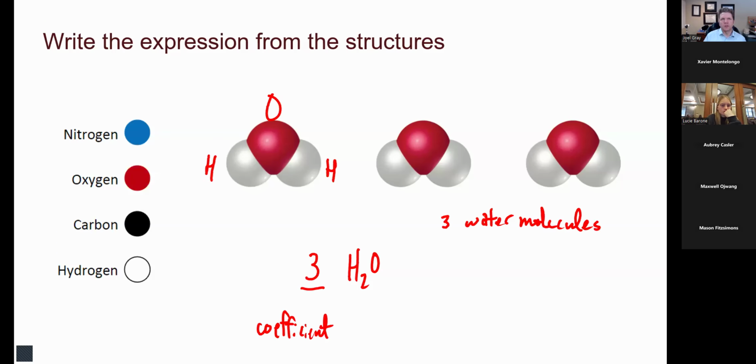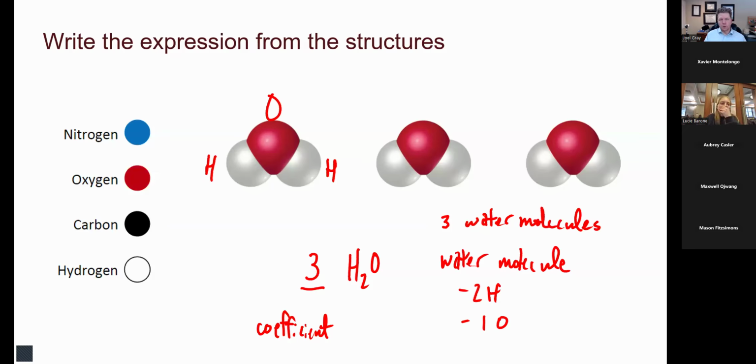But if I were to ask, you've got three water molecules, how many hydrogens are in each water molecule? I'm individualizing a specific one of them. So for that question, you would say, in each water molecule, there are two hydrogens and one oxygen.